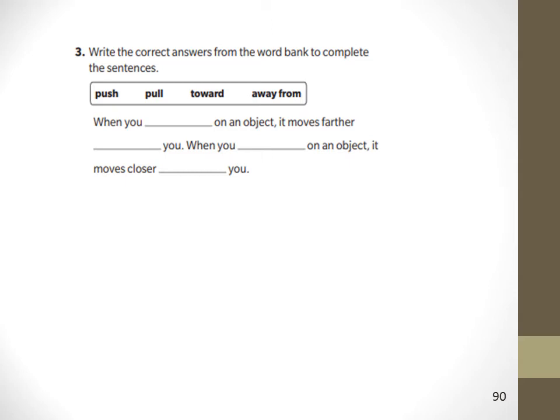Push, pull, toward, away from. When you push on an object, it moves farther away from you. When you pull on an object, it moves closer toward you. Good job.